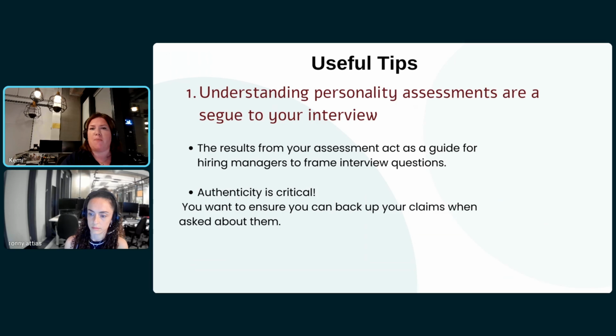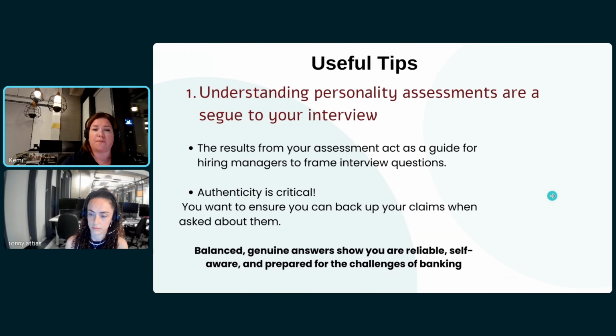It's important to remember, because when it comes to the interview, you will be asked questions based on your answers, and you need to back up your claims when asked about them. When you give balanced and genuine answers, it does show that you are reliable, self-aware, and prepared for the challenges of banking. So please be authentic and do not try to cheat the system.